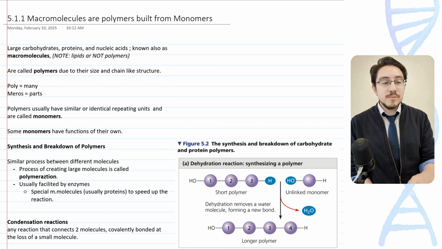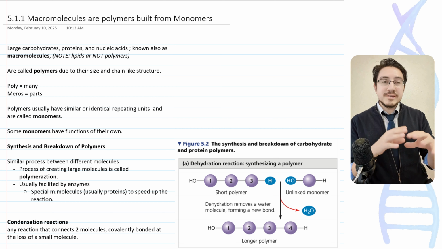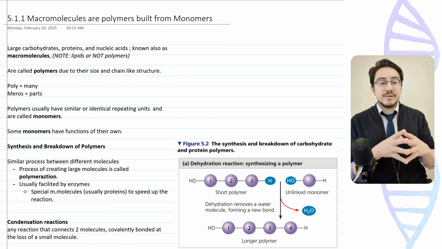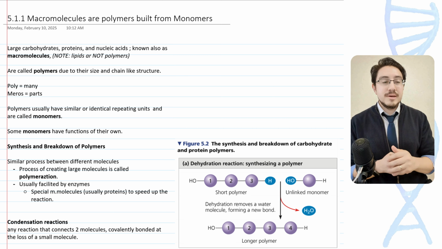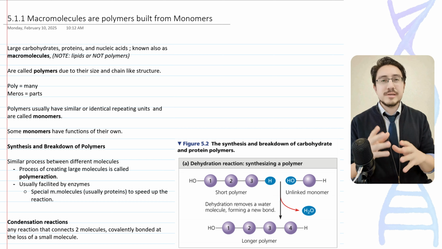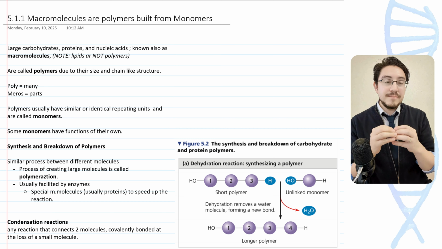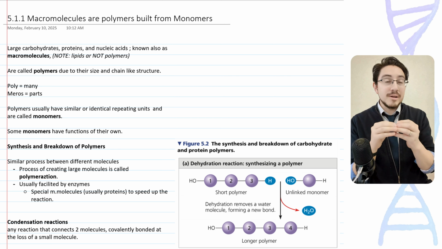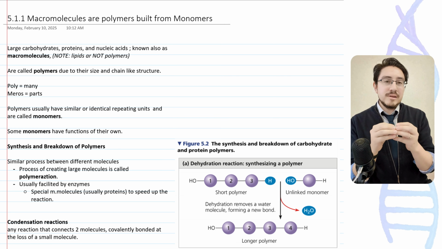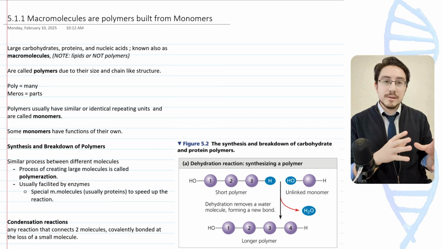So, within this idea of polymerization, you have condensation reactions. A condensation reaction is basically any type of reaction where 2 molecules connect together, usually covalently bonded. As a result of this covalent bond, you release a small molecule.